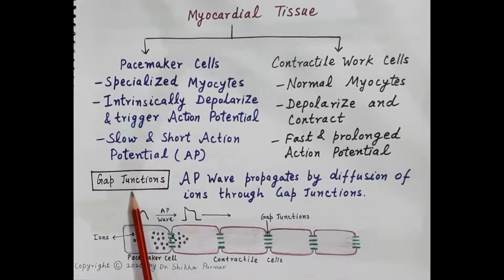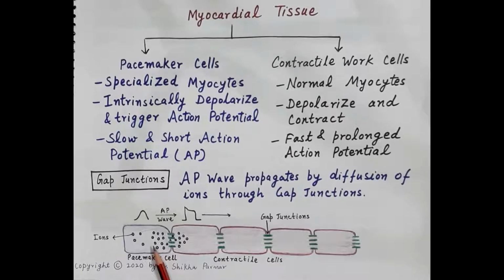Now, a very important characteristic feature of cardiac cells is the presence of gap junctions. In this diagram, I have shown a series of cardiac cells. The first cardiac cell shown here is the pacemaker cell, and the other cells are the normal contractile cells.